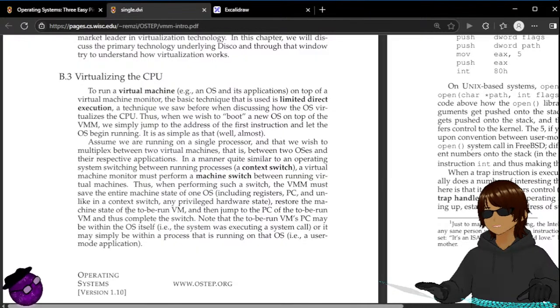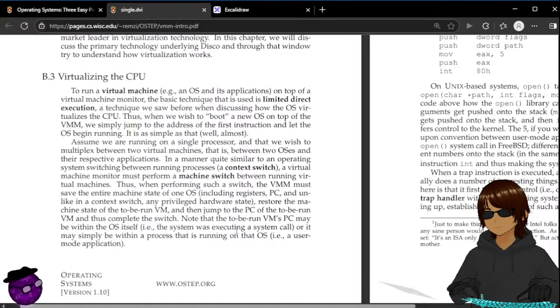It restores the machine state of the to-be-run VM and then jumps to the PC of the to-be-run VM and thus completes the switch. Note that the to-be-run VM's PC may be within the OS itself, if the system was executing a system call, or it may simply be within a process that is running on that OS.